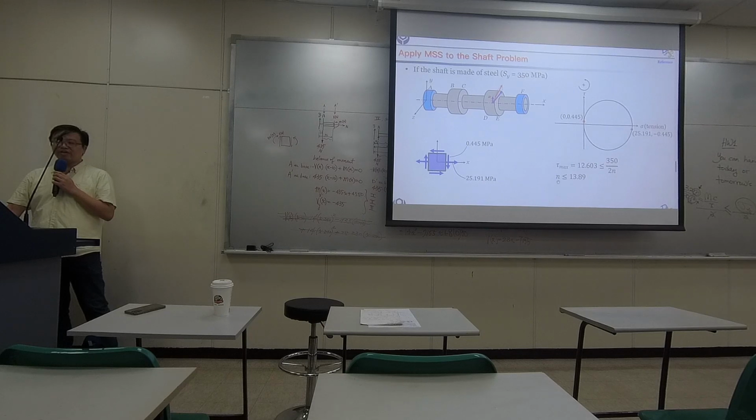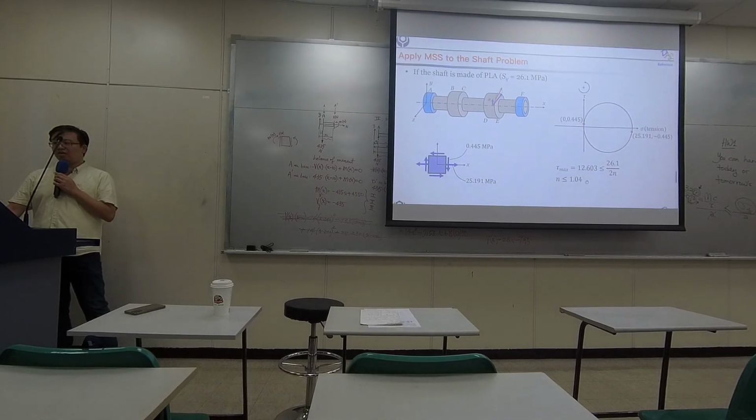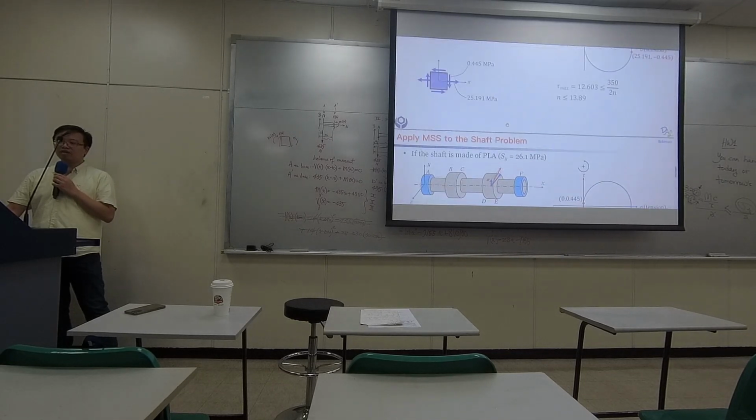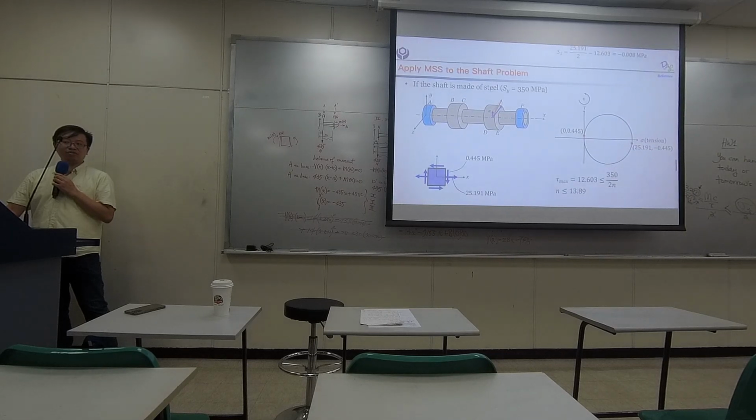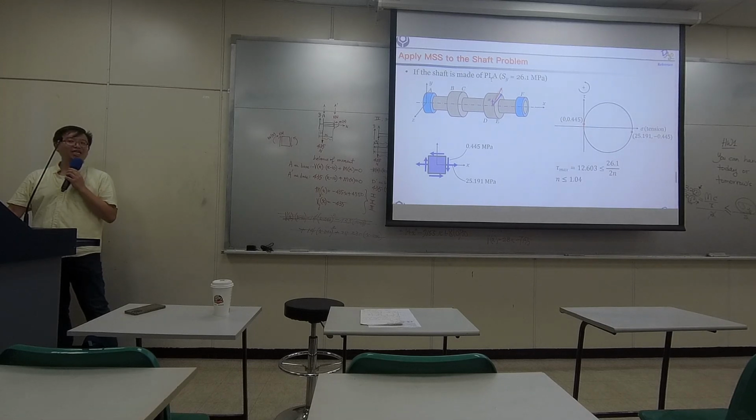Your safety factor is smaller than 13.89. What is this material? Oh, that was steel. So I Googled the yielding strength of steel. That was 350 megapascal. If I change it to PLA, the material of 3D printing, PLA was 26.1.